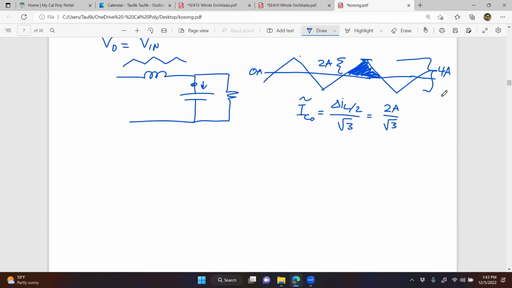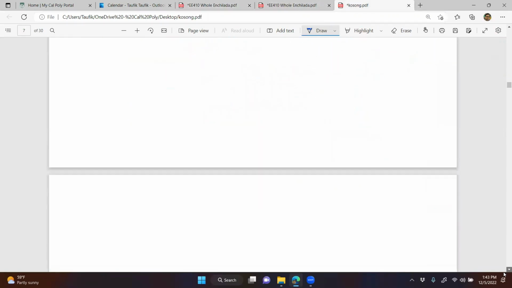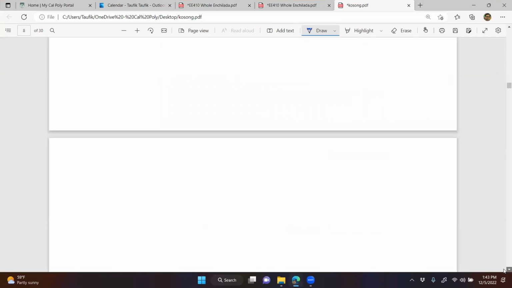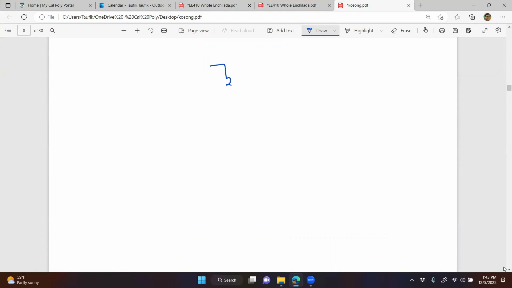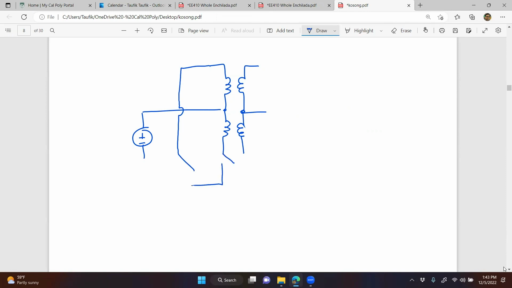So let's draw a push-pull. Diodes here, diodes here.